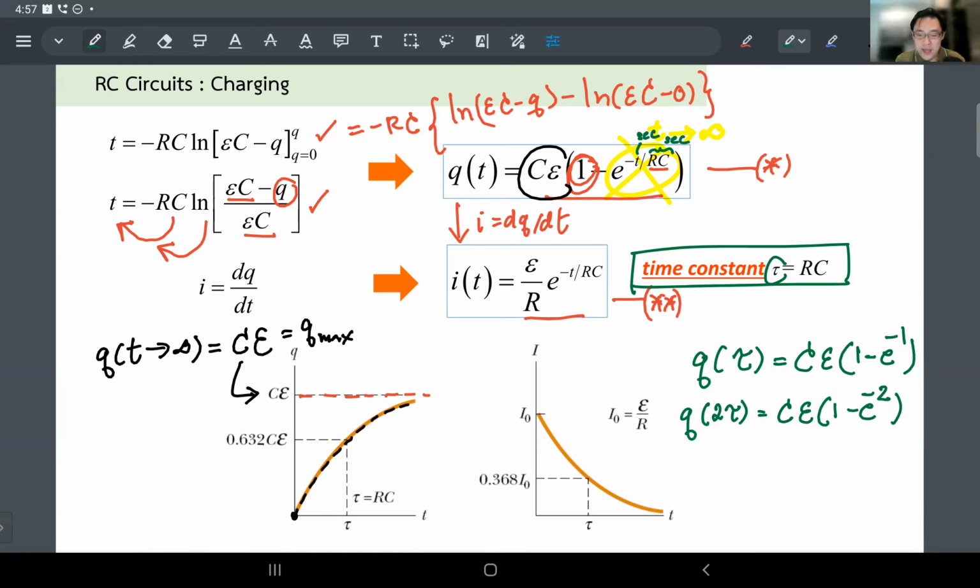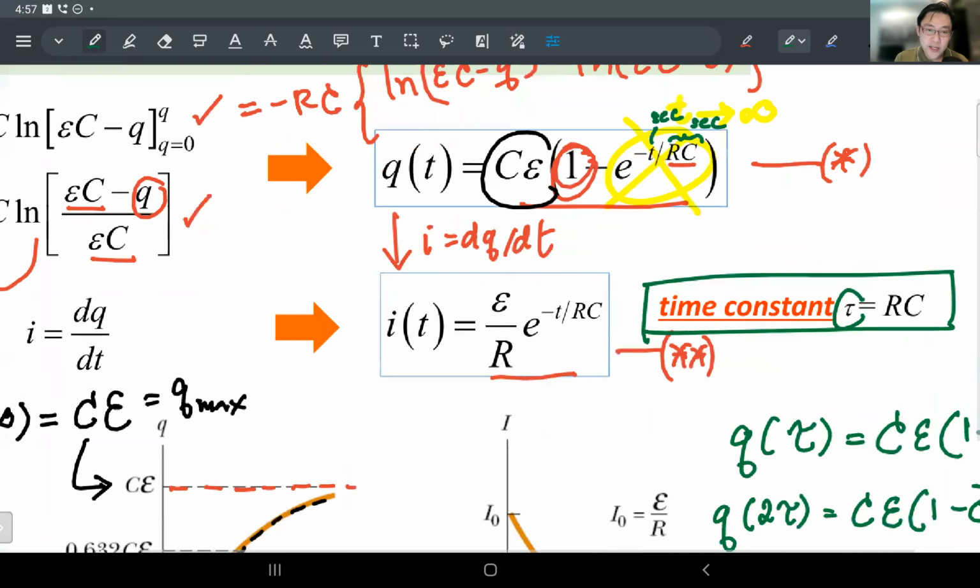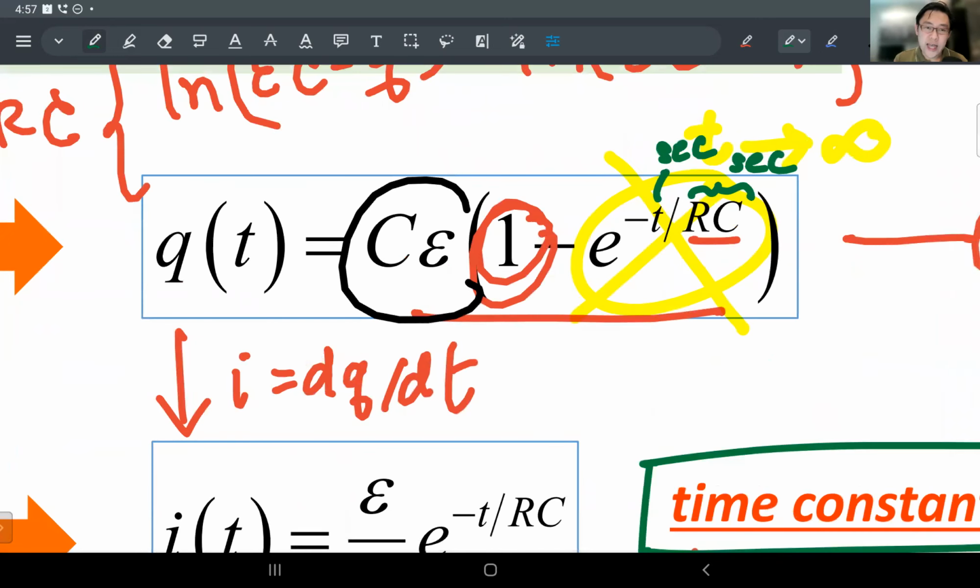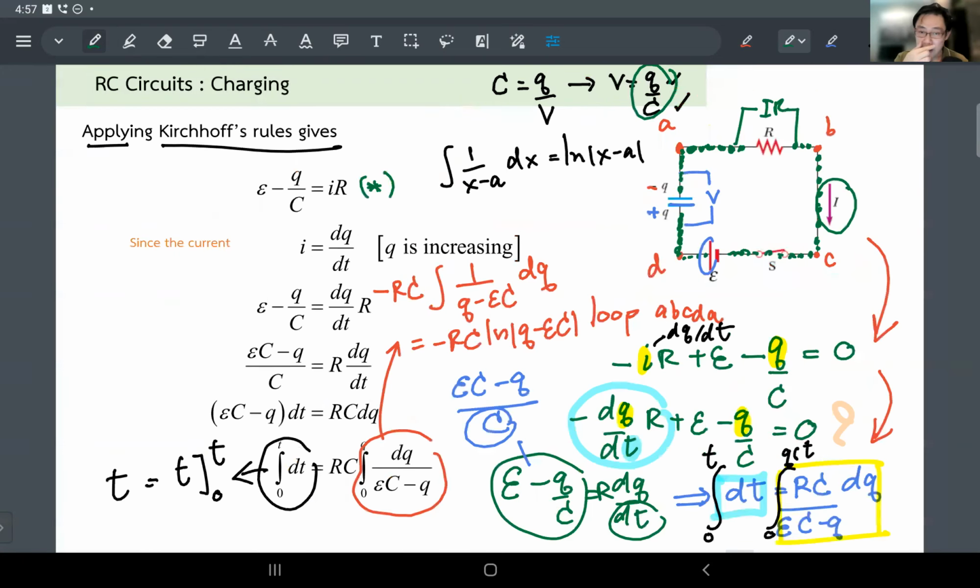Okay. All right. So the key thing I'm talking about right now is that this is the result from Kirchhoff's rule, but Kirchhoff's rule with a capacitor in it gives you both I current and Q in your equation. These two are related through differentiation, and that's why you end up with a differential equation to solve.